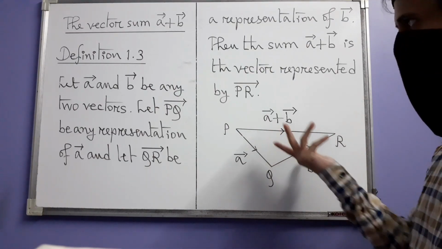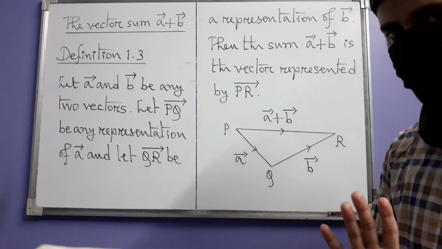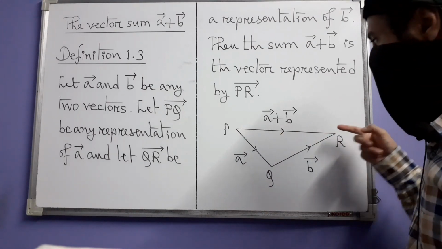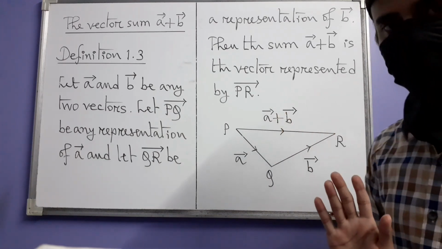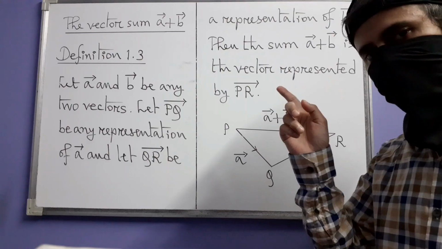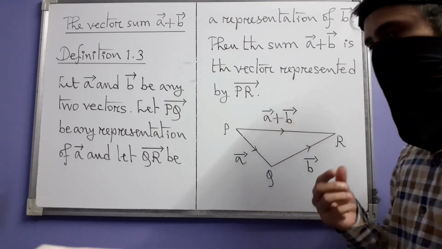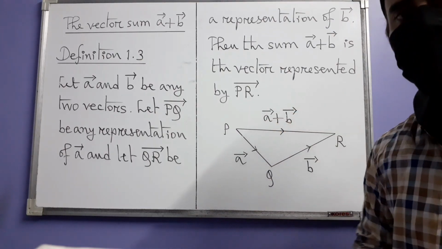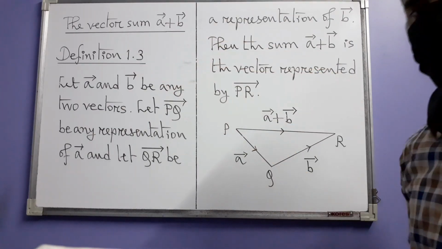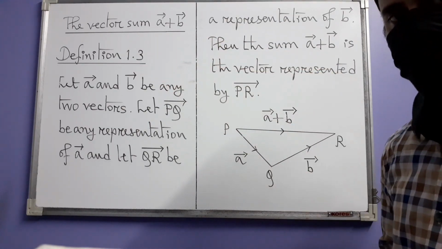So now everything is clear about this definition. Again I am saying this PR itself is not the vector A plus B. It is a geometric representation of some abstract vector which we are calling the sum of A and B. There are infinitely many such representations. So that's the sum of two vectors.